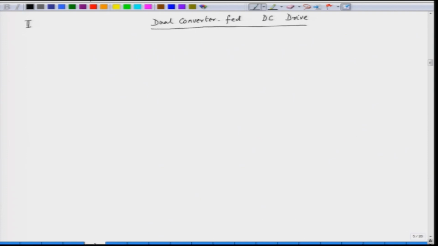Now, let us see how the topology looks. We have two types of dual converter. One is called the circulating current type dual converter, and the other is called the non-circulating current type dual converter.